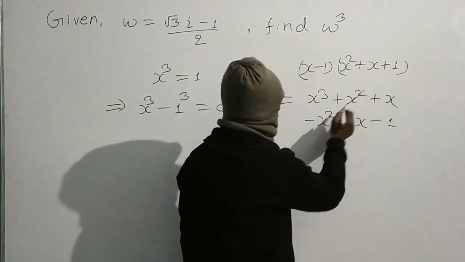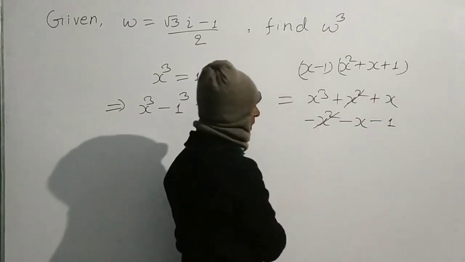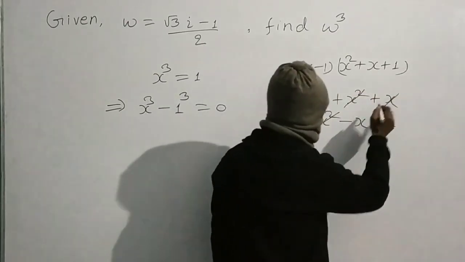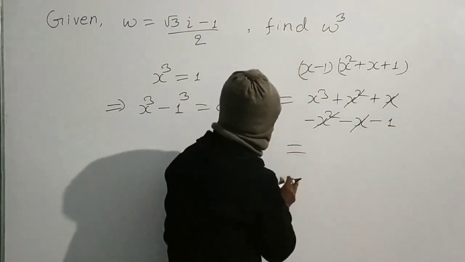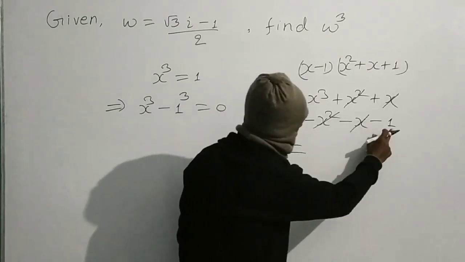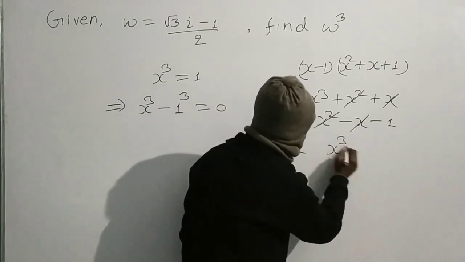This minus x square will be cancelled out. This plus x, this minus x will be cancelled out. And there will be left x cube minus 1.